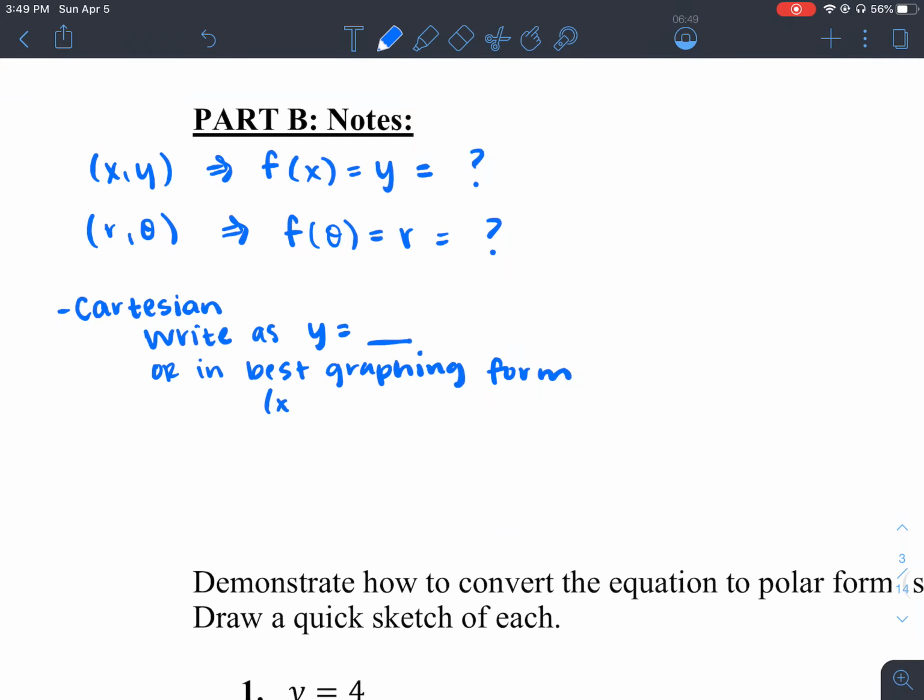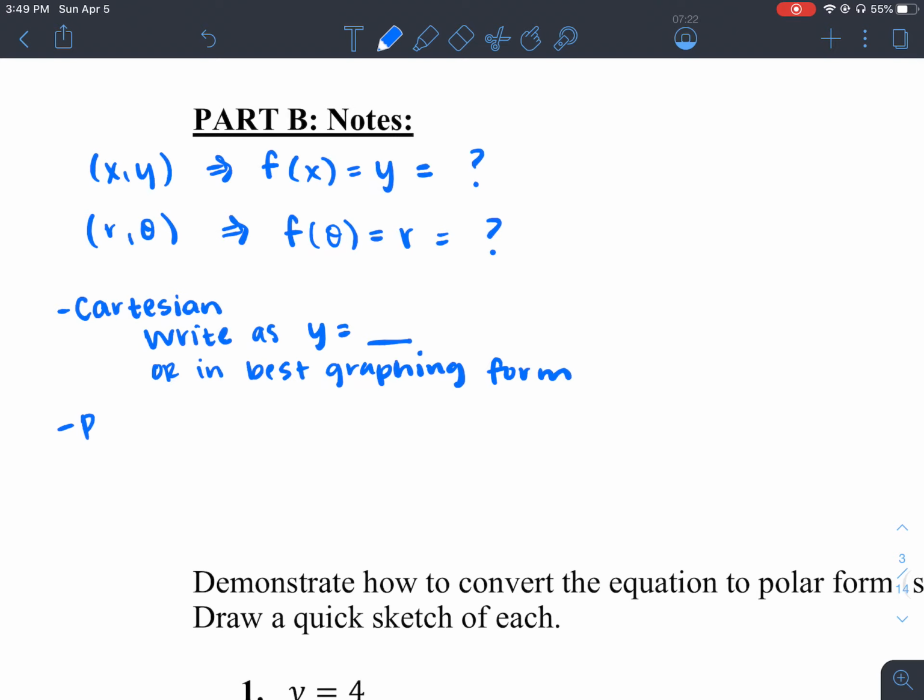We write it as (x minus h) squared plus (y minus k) squared equals r squared. So there are some equations where it's better to write the equation in a different form, like circles or ellipses. If it's a graph that doesn't have a best graphing form like that, we consider it simplified when we write y equals.